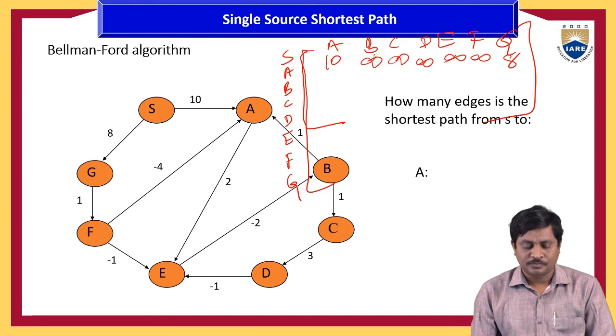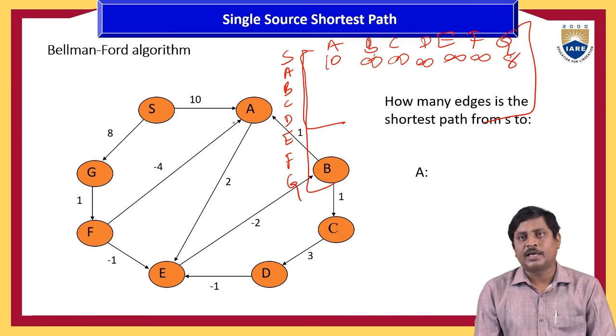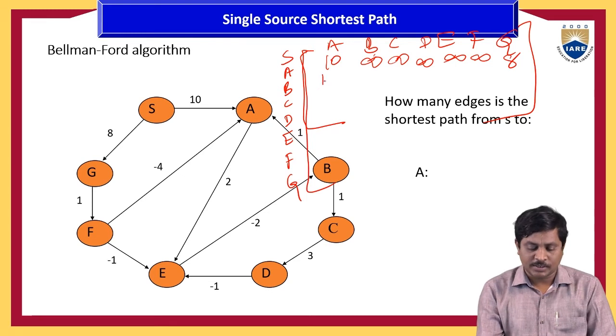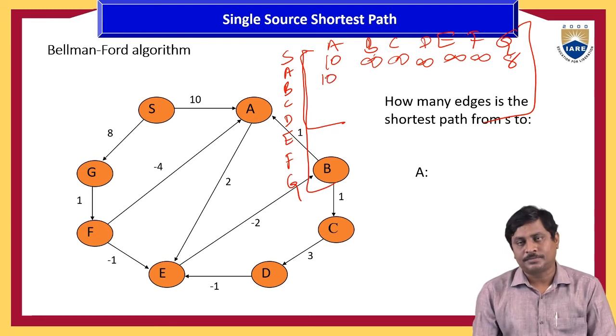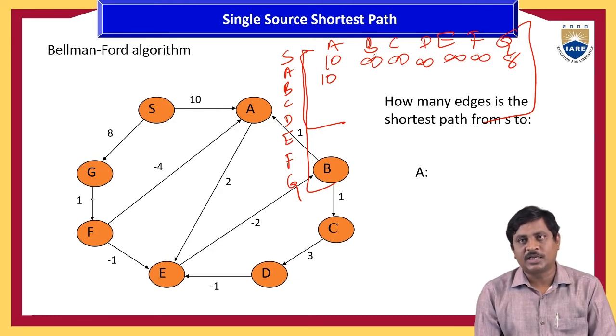Next here, S to A, B, C and so on. Next here, S to A. So S to A, either directly or indirectly through A. So this value again directly 10. So S to B. S to B indirectly, we consider only a single node.